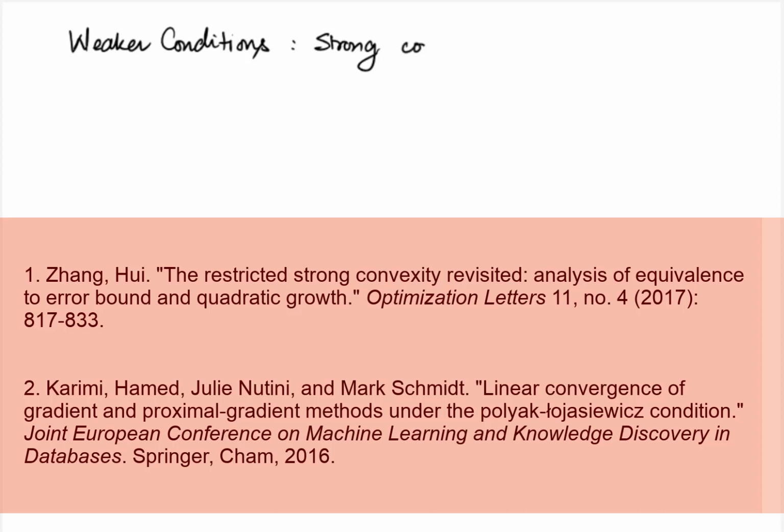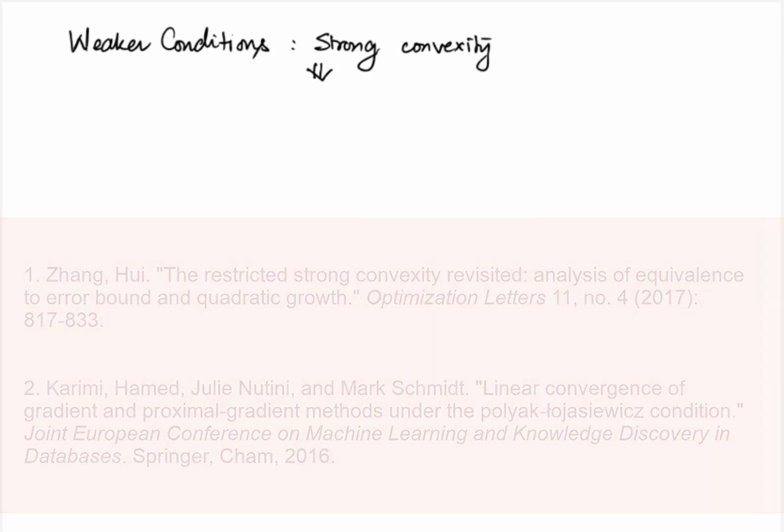We list these weaker conditions. All of these are implied by strong convexity, but the converse is not true. We will list them in an order so that they get weaker and weaker as we go on. So the first will be the strongest and the last would be the weakest or the most general.